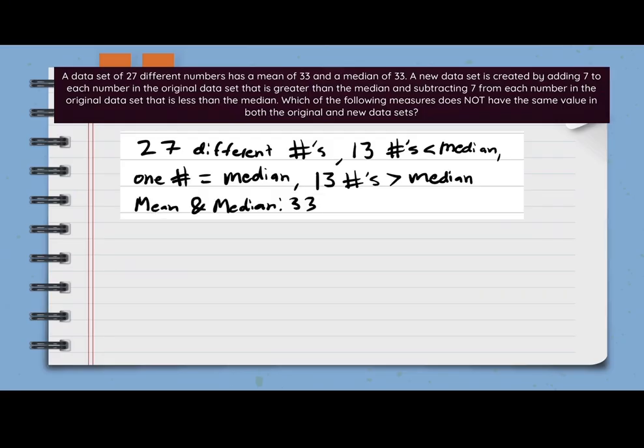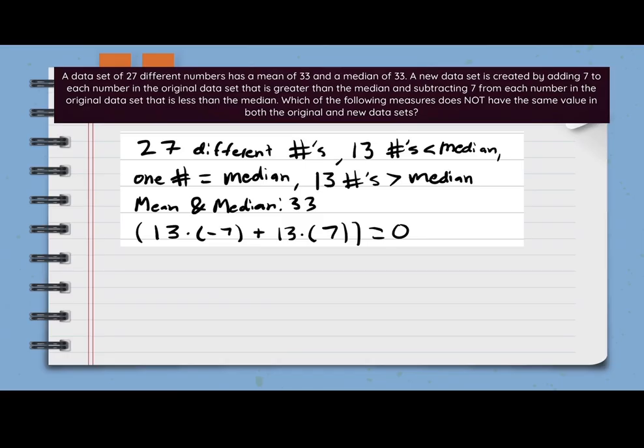And the mean and median are both 33 in the original data set. Now, if we keep in mind that plus and minus 7, we'll find that the total sum does not change because we are adding 7 to some numbers and subtracting 7 from others.